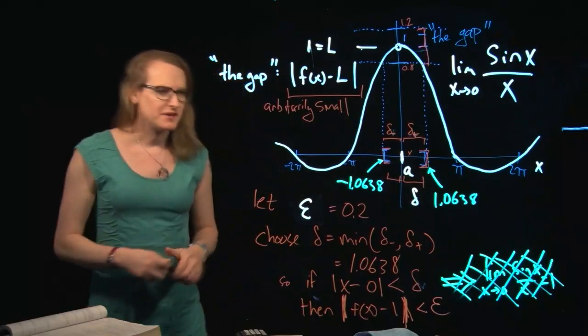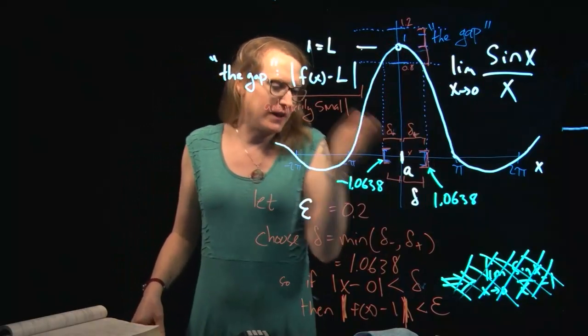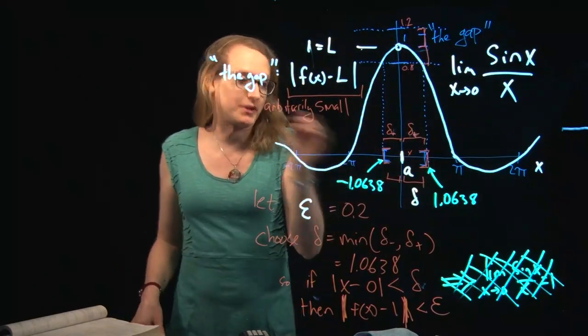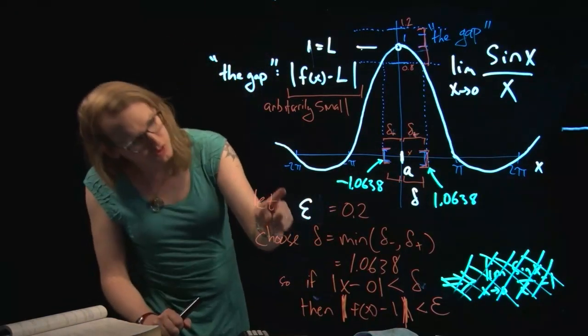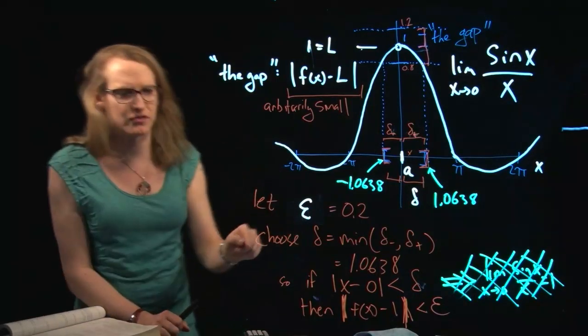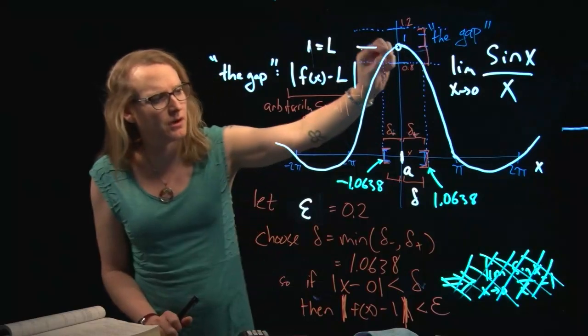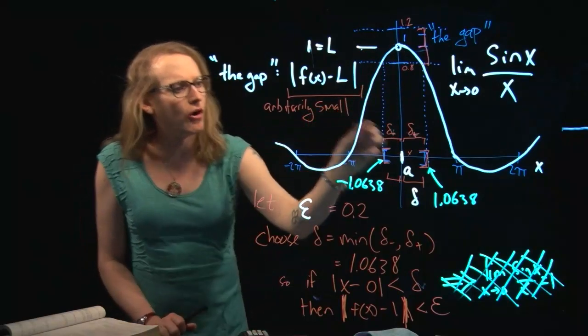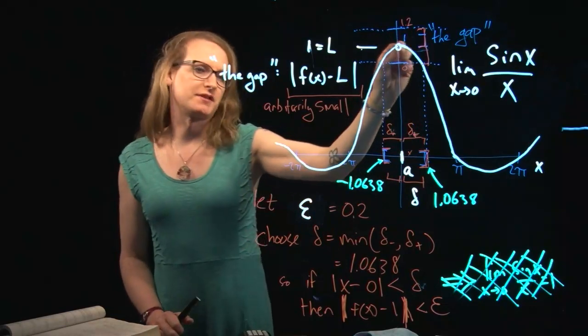What if somebody just made epsilon smaller and I failed to be able to do this process? But the point is that for this function, no matter what you choose for epsilon, no matter what somebody down at Davies chooses for epsilon, no matter how small you make this window, you're always going to be able to put a window right here so that function values are inside that top one.